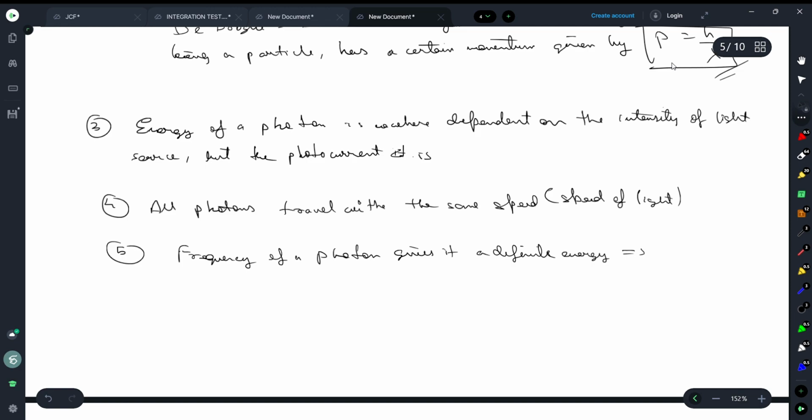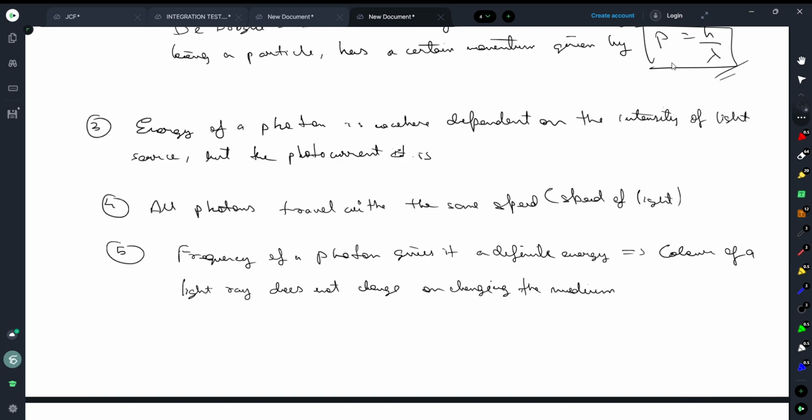Which basically implies the concept that the color of a light radiation or light ray doesn't change on changing the medium, because the energy of the light particle is not being changed on changing the medium.